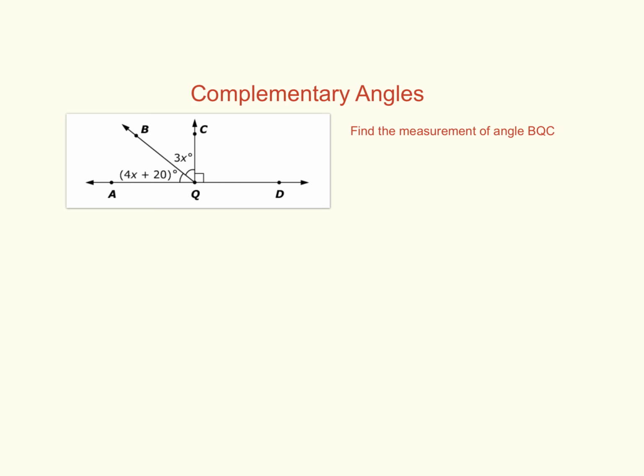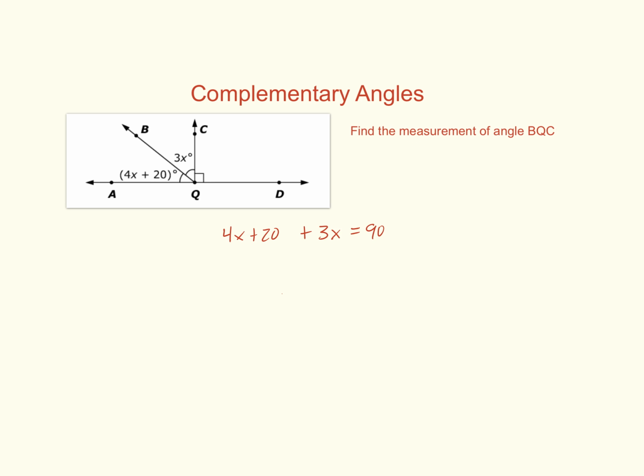If this is a right angle, then we can actually see that angle AQC is also going to be a right angle, and 4x plus 20 plus 3x are complementary angles. Therefore, we're going to write 4x plus 20 plus 3x equals 90, because by definition of complementary angles, the sum of the two angles equals 90.